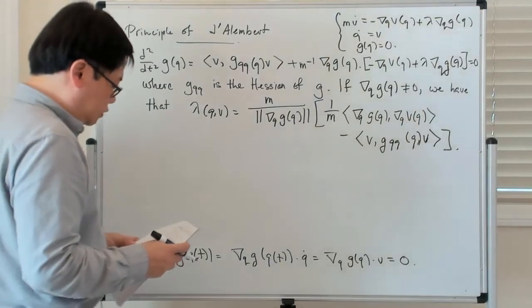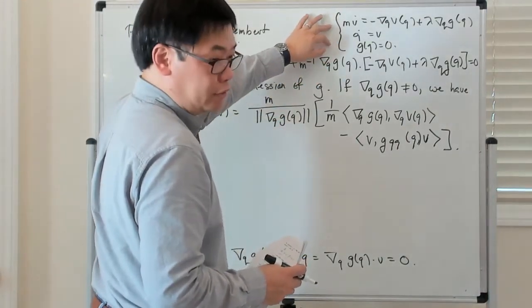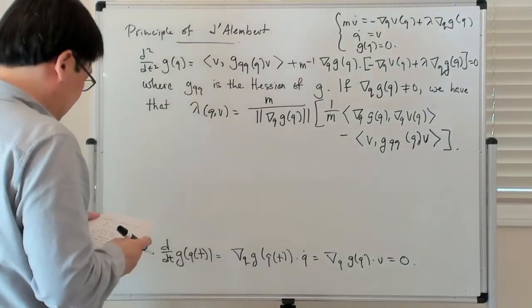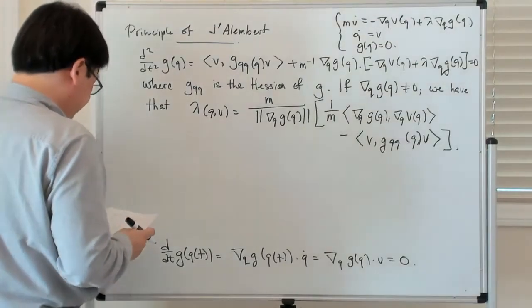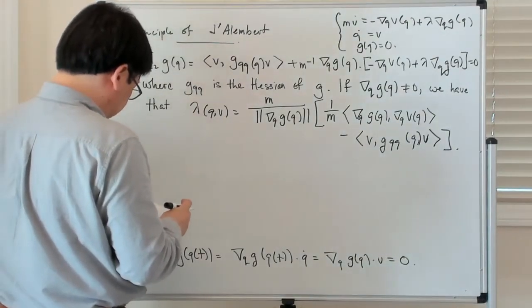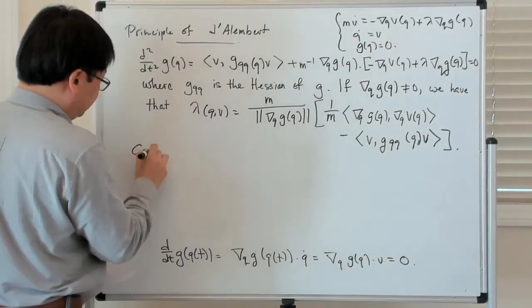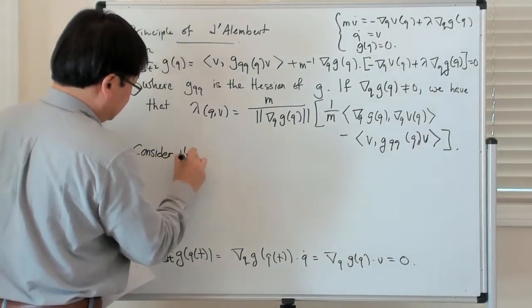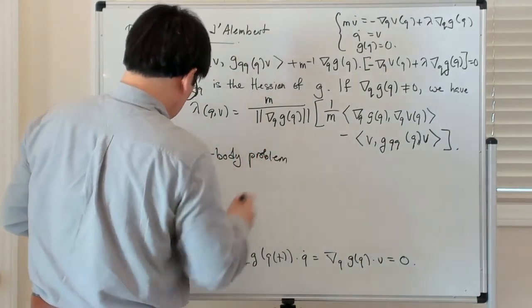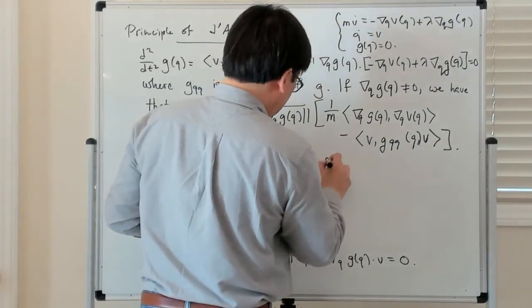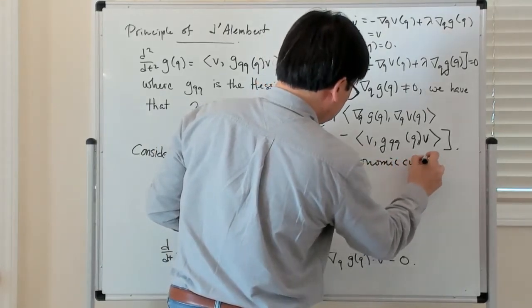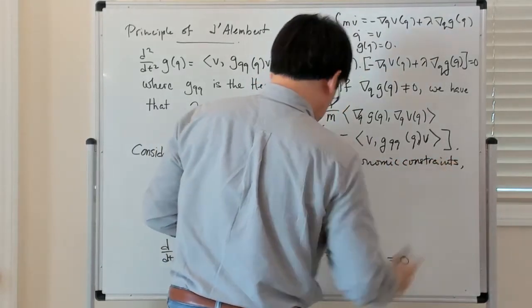All right, so that was for a fairly general mechanical system. So let's specialize this to the n-body problem. Okay. So now let's consider the n-body problem with m holonomic constraints. Okay.